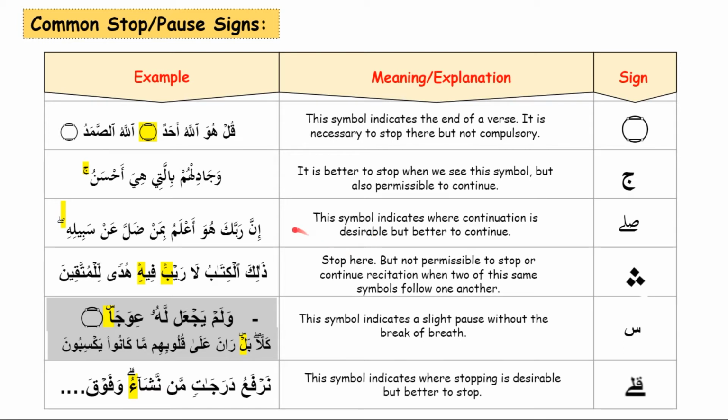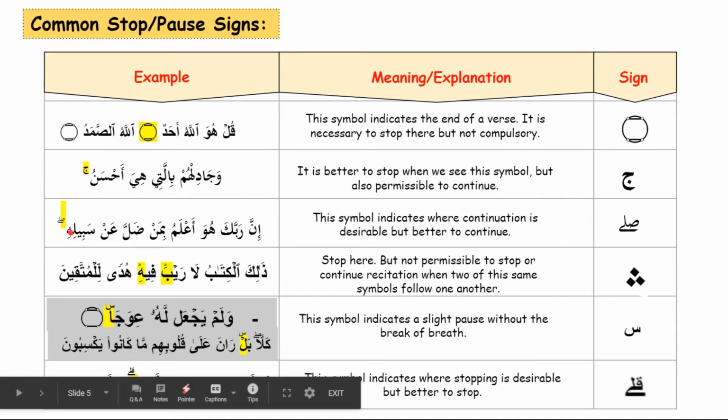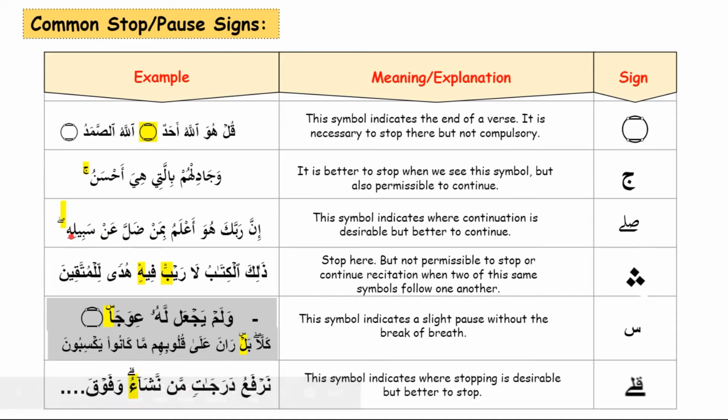So what do we mean there? Inna rabbaka huwa a'lamu biman dalla an sabili. The continuation of this verse in the Quran is wa huwa a'lamu bil muhtadin. So it says continuation is desirable, but it is better to continue.